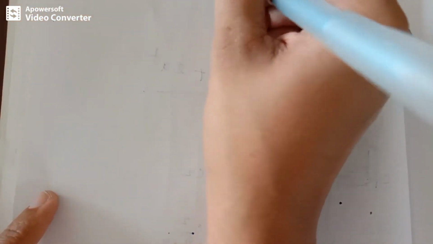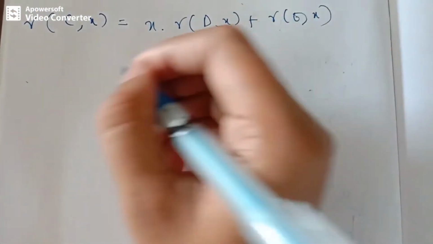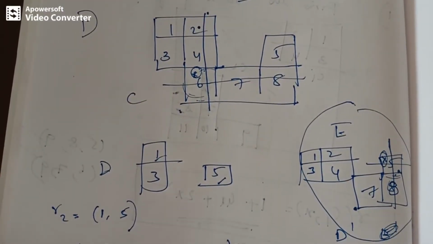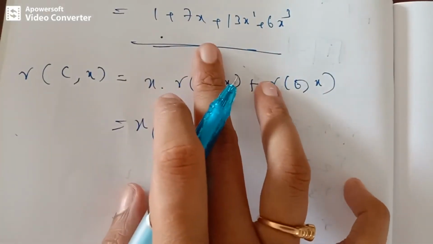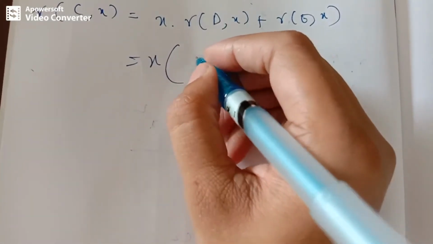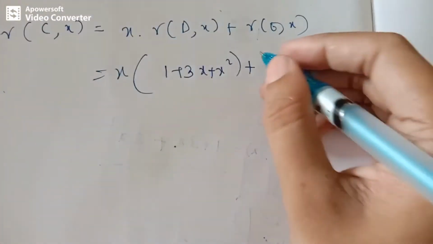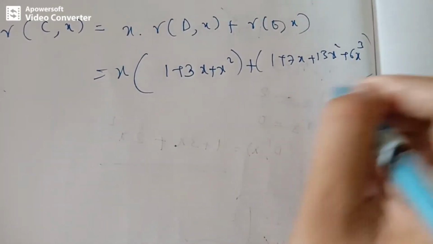So what is R of C comma x? It is x into R of D comma x plus R of E comma x. You know R of D comma x is 1 plus 3x plus x square. And we know R of E comma x, we have found out recently, that is this one, right? So we'll substitute over here. We'll be getting x into 1 plus 3x plus x square plus 1 plus 7x plus 13x square plus 6x cube.